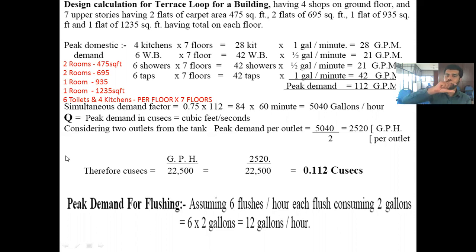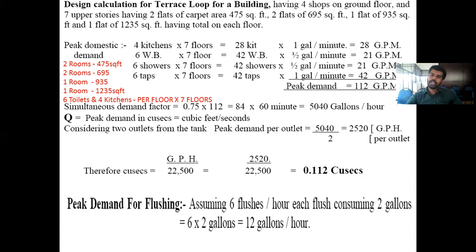You can give a single outlet, or we can give two outlets from the tank, which means two discharges from the tank, according to your need. If we are considering two outlets in this question, the peak demand per outlet will be 5,040 divided by 2, because we are taking the water from the tank through two outlets.